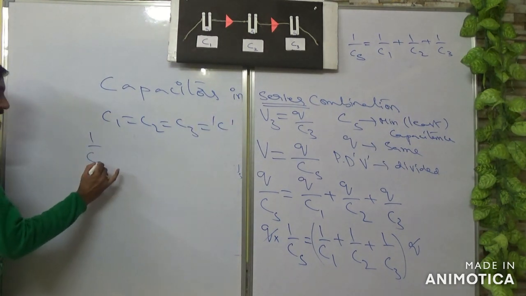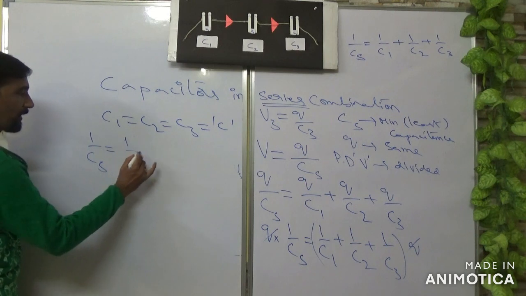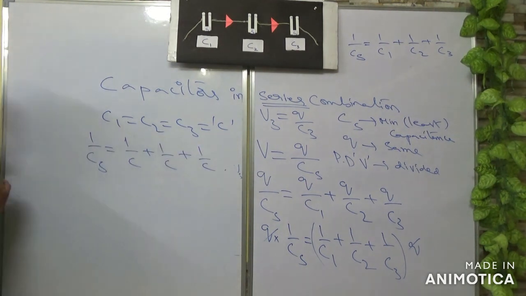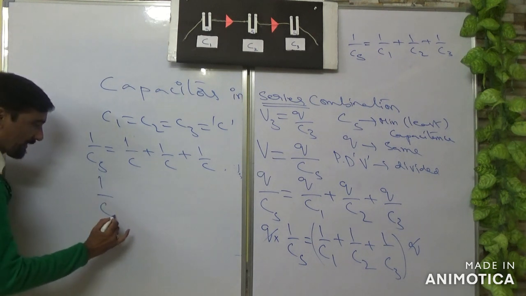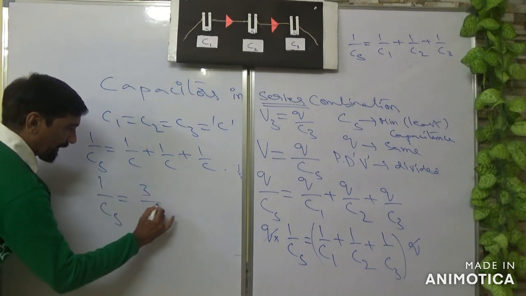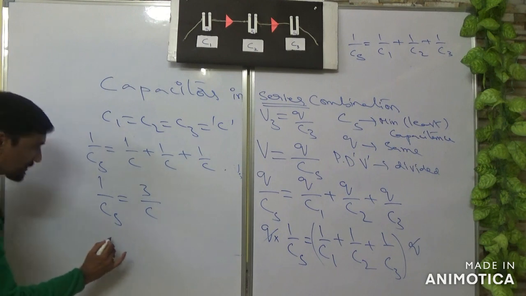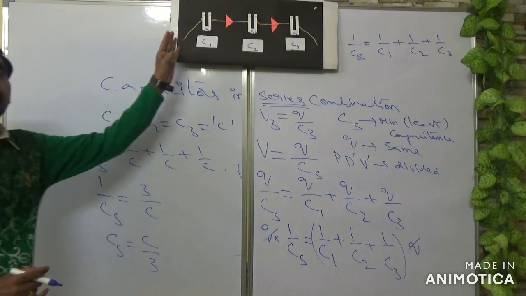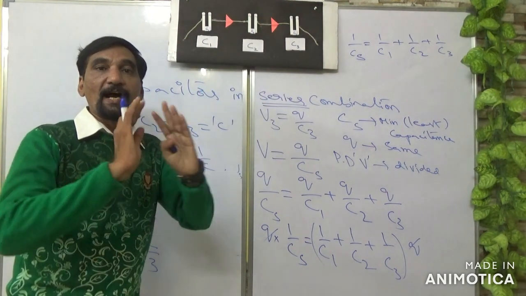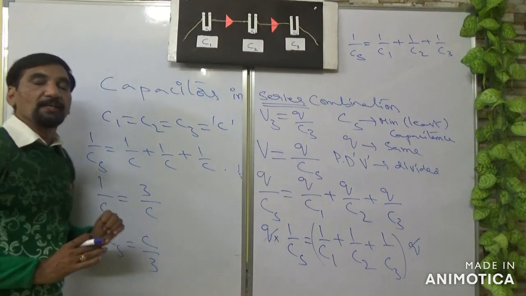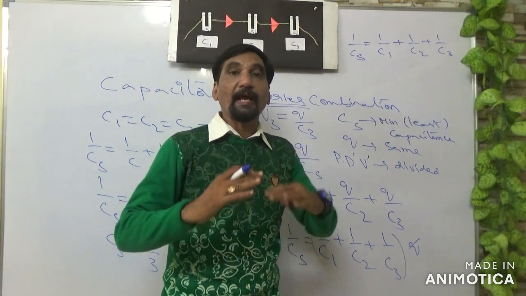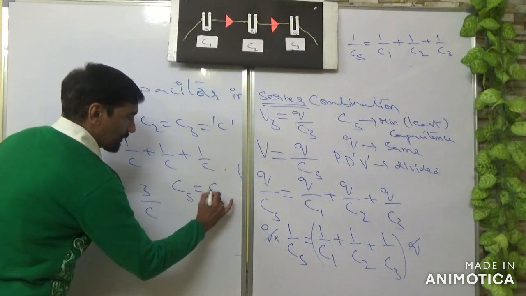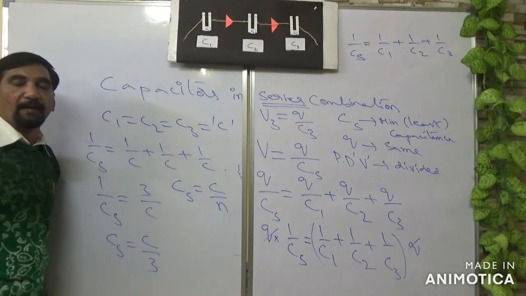So 1 by Cs is equal to 1 by C plus 1 by C plus 1 by C. So 1 by Cs is equal to 3 by C, right? So Cs becomes C by 3. In this case, that is when you have taken 3 identical capacitors. Instead of 3, suppose you have taken n, then Cs is equal to C by n.